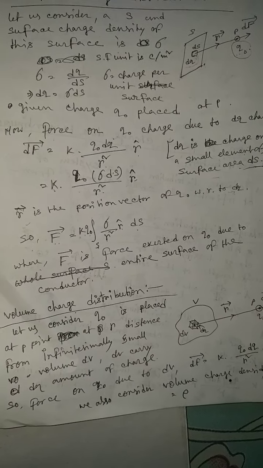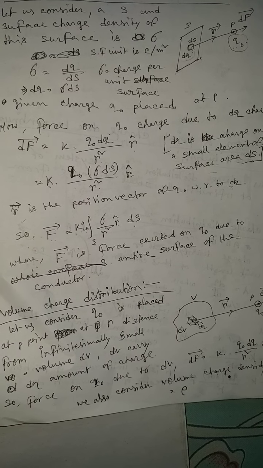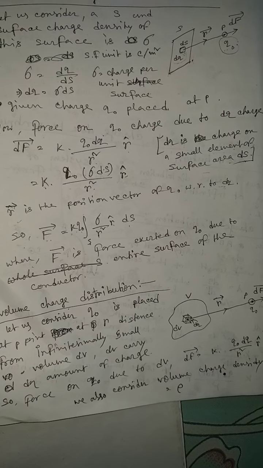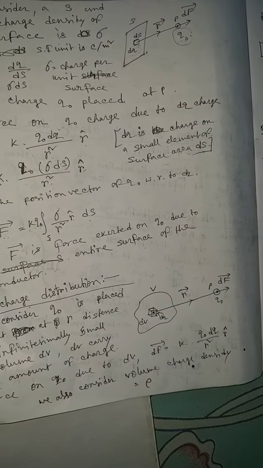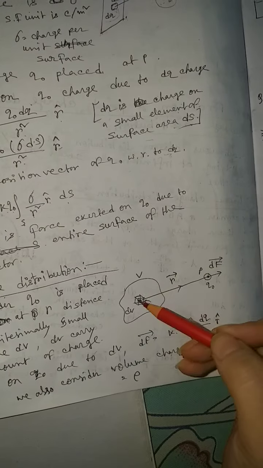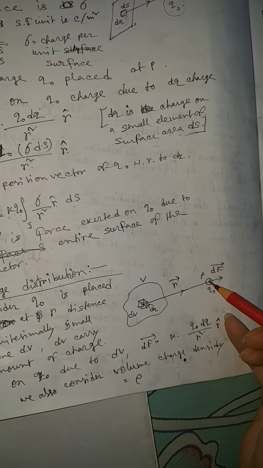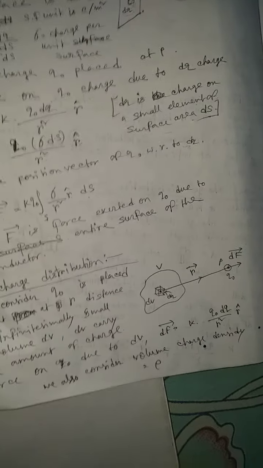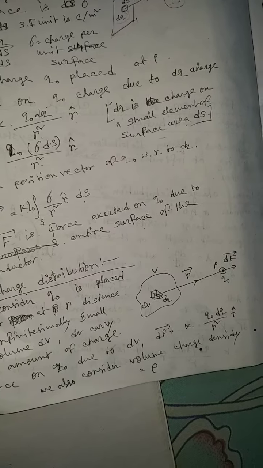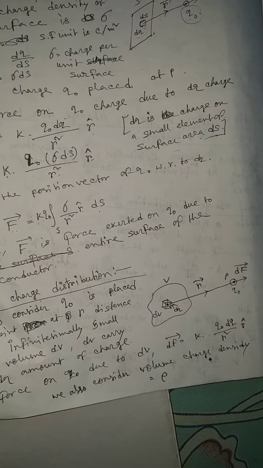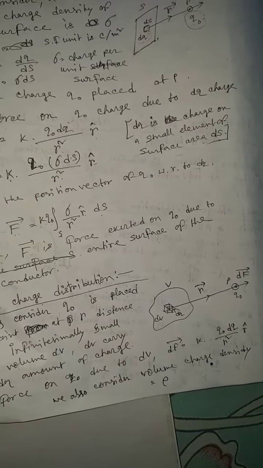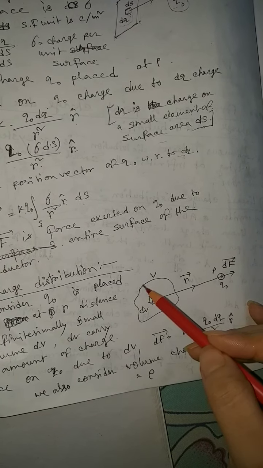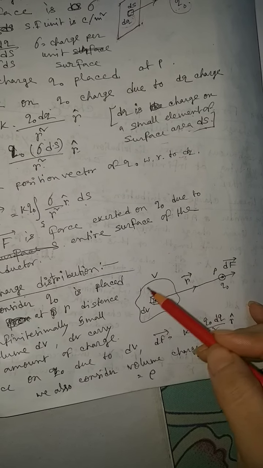If charge is distributed over the entire volume, then what is the value of force on q naught charge due to the entire volume of this conductor?